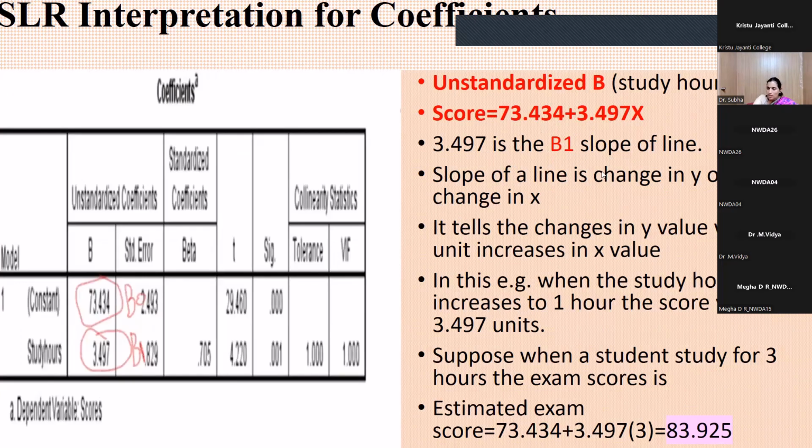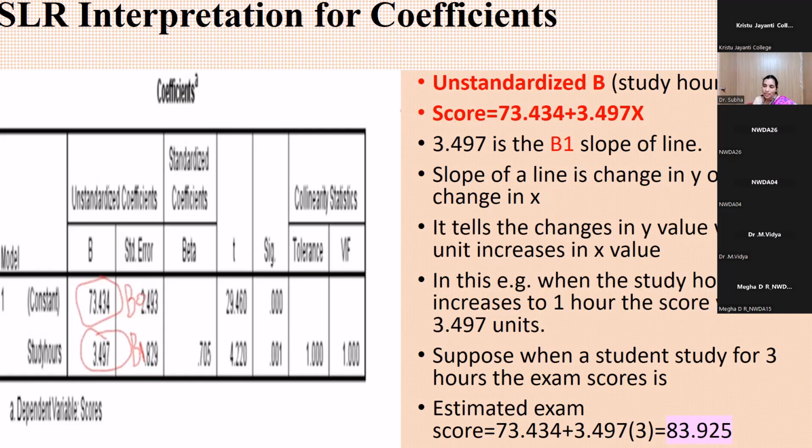What does this beta 1 tell? It tells the change in y value when there is a 1 unit increase in x value. So how do the changes happen in y whenever changes happen in x? How much change in x, and how is it affecting y?